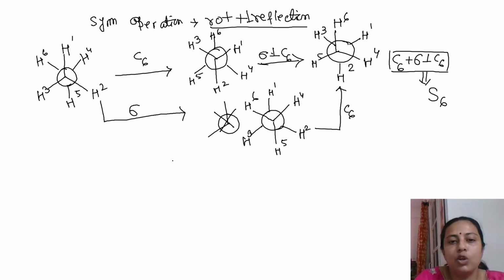That means whether you do the rotation first and the reflection second, or the reflection first and the rotation second, it does not matter. That is going to produce the same similar structure. Hence, we will say that the molecule does not comprise any symmetry axis like C6 or a sigma horizontal plane to the C6, but it definitely contains a symmetry operation like S6.